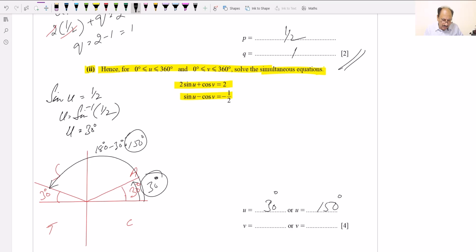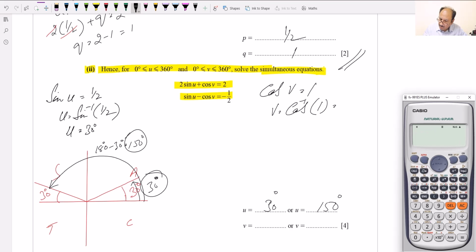Now for v value, we can write cos v is equal to 1, because q is 1. V will be equal to cos inverse of 1, and if we check, cos inverse is what? Shift cos of 1 will be equal to 0.